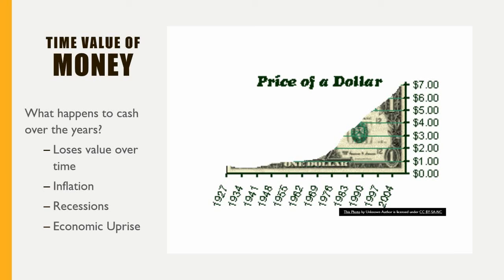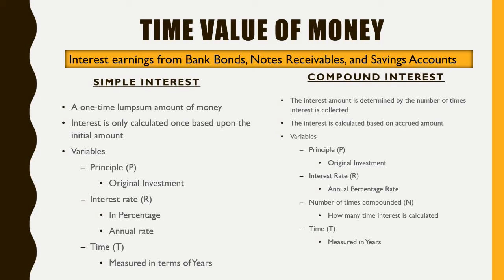Okay. So with that being said, this is what time value of money does. Time value of money is basically a calculation where you assume that, because of inflation or whatever it is that you're calculating, today's value of a dollar isn't going to be the same in the future.